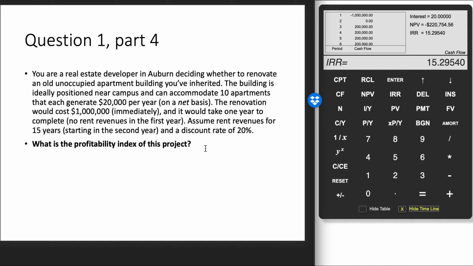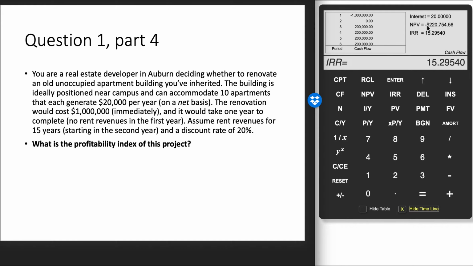So a small project may have a great profitability index, but an NPV that is relatively small, just because it's a small project. All right, so to find the profitability index, we've already calculated the NPV, so that's what we're going to look at. So the NPV is negative 220,755 or so.